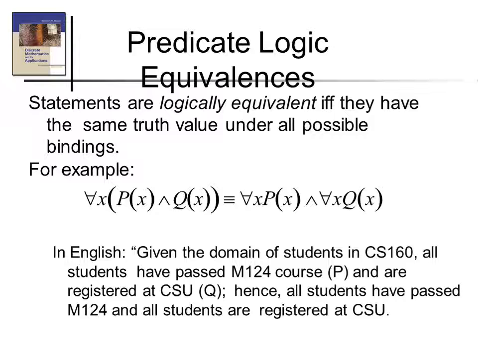Now we saw many logical equivalences in our propositional logic. In the same way, there are many logical equivalences here also. First one: for all x, P of x and Q of x is equivalent to for all x, P of x, and for all x, Q of x.